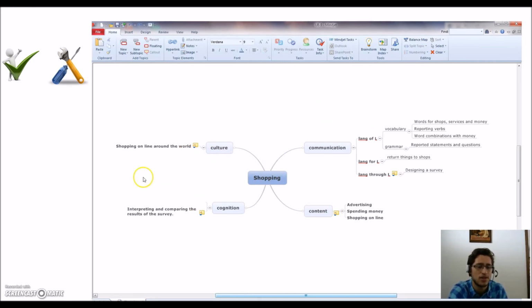Culture, shopping online around the world. Cognition, interpreting and comparing. Very thinking related. Those are cognitive processes. Content, what are the topics in this unit? In this term, advertising, spending money, shopping online. And communication, all of the English that students are going to learn.